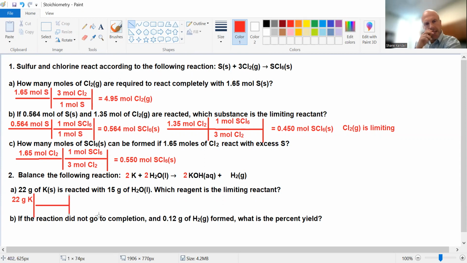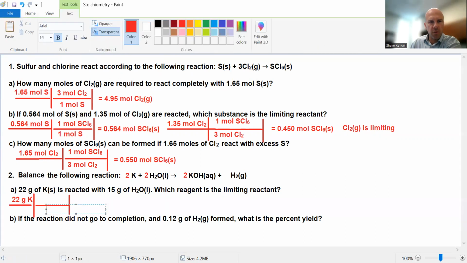So 22 grams potassium means that we've got to have what on the bottom? Grams of potassium. Even if I'm not really quite sure what I'm doing, I always just start with that. I know that I've got to have grams of potassium on the bottom, because it has to cancel, and that can often guide me into knowing what I'm doing.